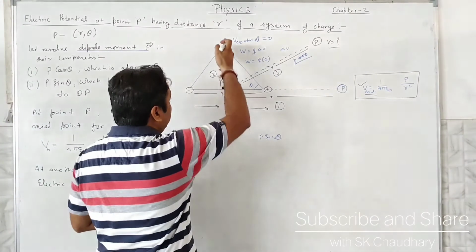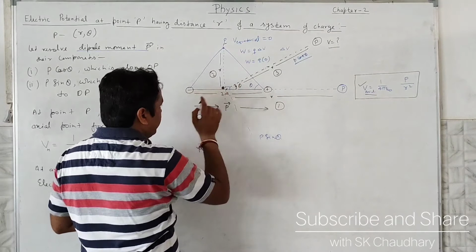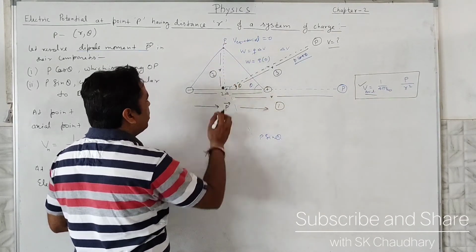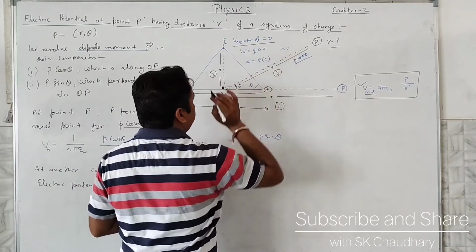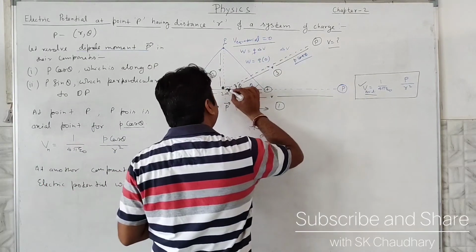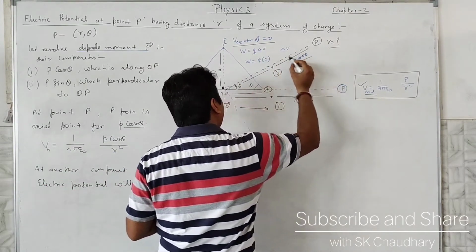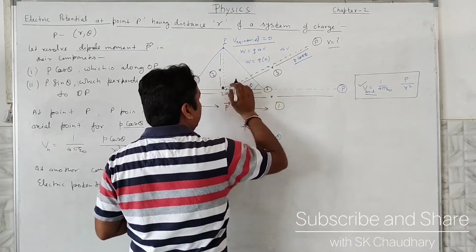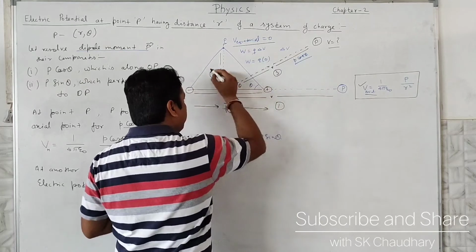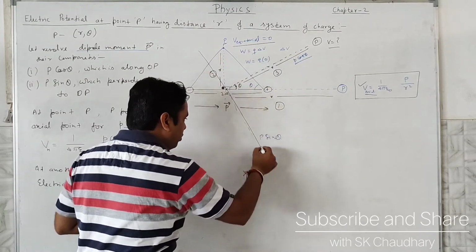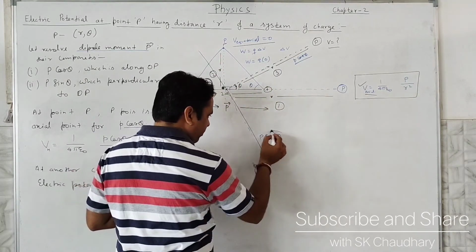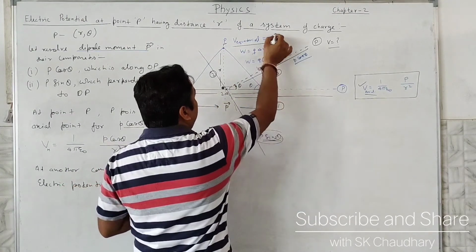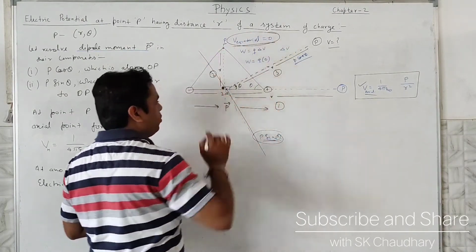Let's see, initially we have taken the dipole along the equatorial point, the equatorial point having the potential 0. Here also, our reference or arbitrary point makes the angle theta, so from that point we have an equatorial. Whatever we come to this equatorial point, V equatorial is equal to 0.